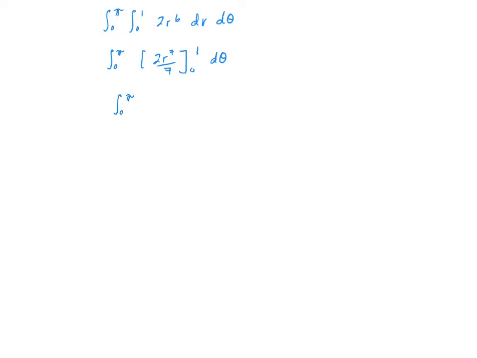So this is just the integral of 2 over 7 d theta. And that will become 2 pi over 7, since this is 2 over 7 theta evaluated from 0 to pi. So 2 pi over 7.